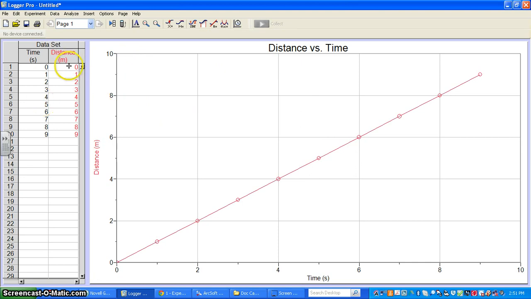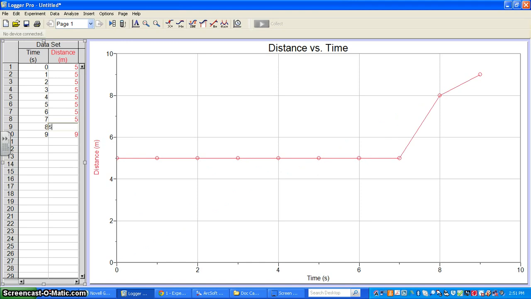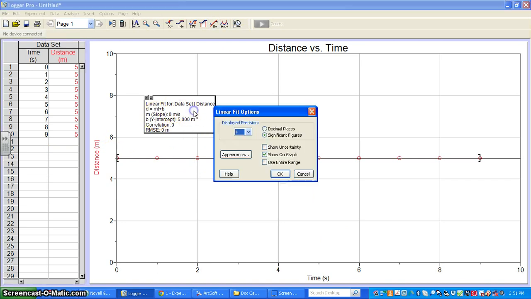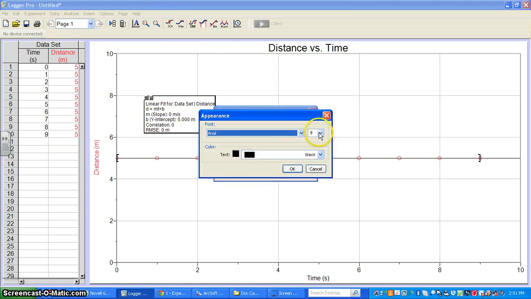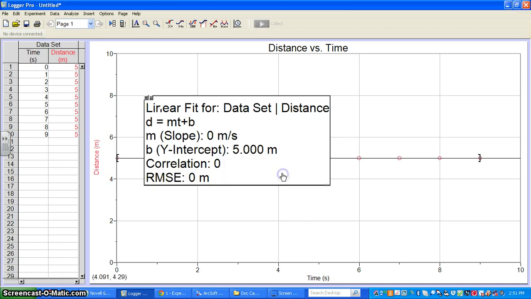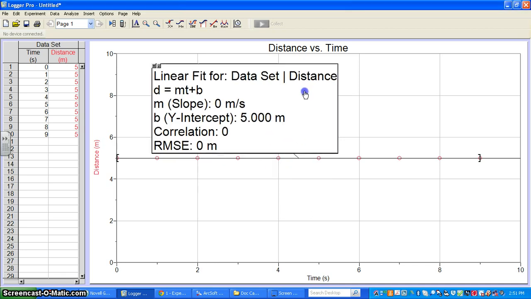Another one that you might end up with, let's just say we get data that looks like this, where it's just a flat line. If I do fit a line to this, you're going to notice that the slope is 0. If you ever get a slope that is 0, that means we have no relationship. Does that mean we can't write an equation? Absolutely not.